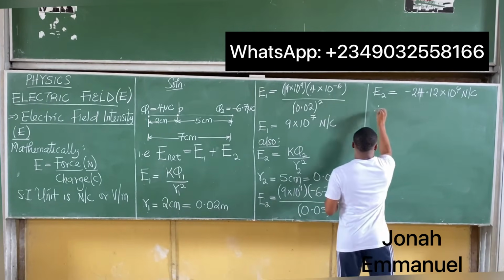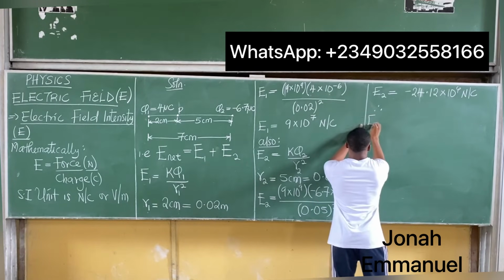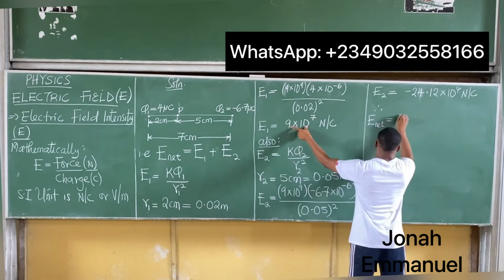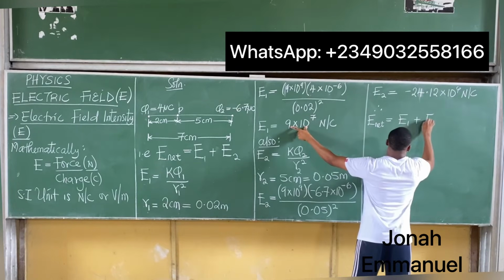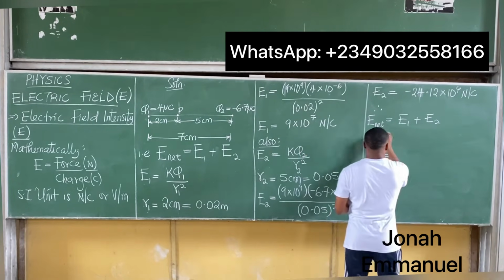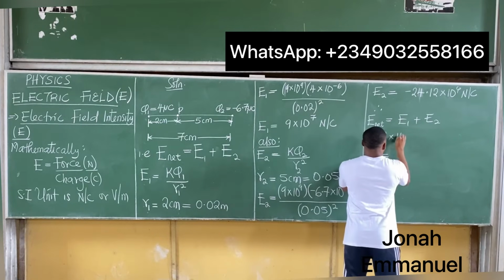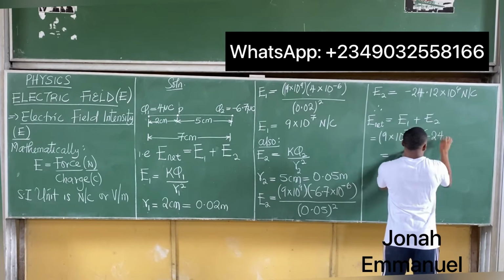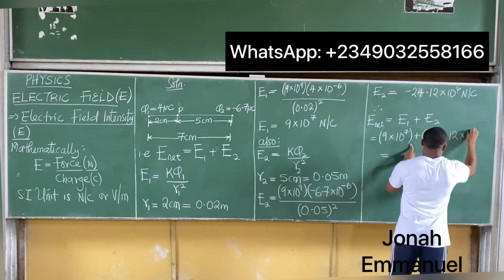So therefore, we can say E net, the total or the net electrical field, is equal to E1 plus E2. E1 is 9 times 10 to the power 7 plus minus 24.12 times 10 to the power 6.